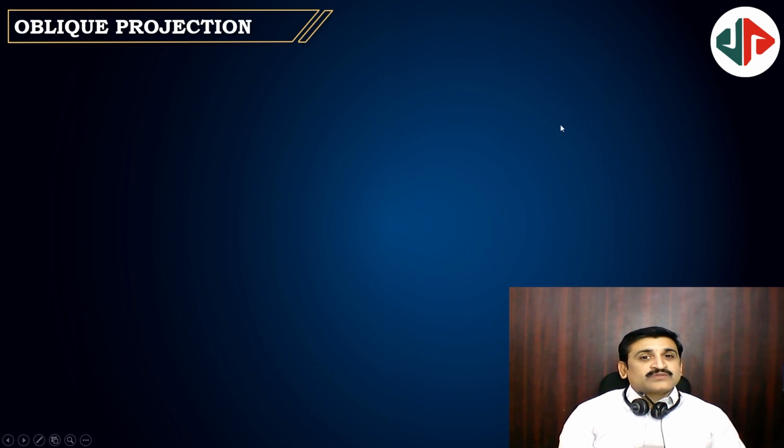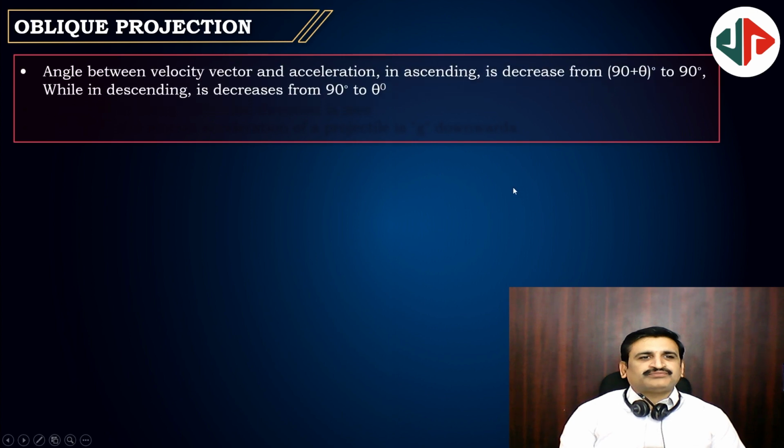When a body is projected at an angle theta other than 90 degrees and 0 degrees, then we call that oblique projection, and the body moves under the influence of gravity. These are basic theoretical concepts. Between 0 and 90.